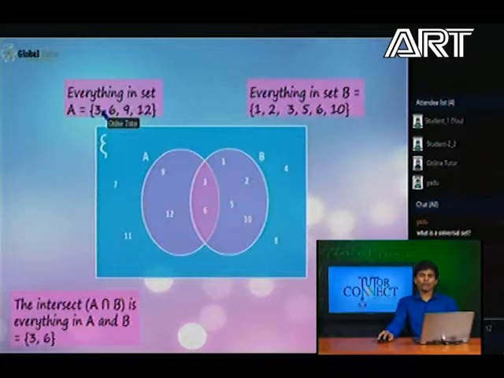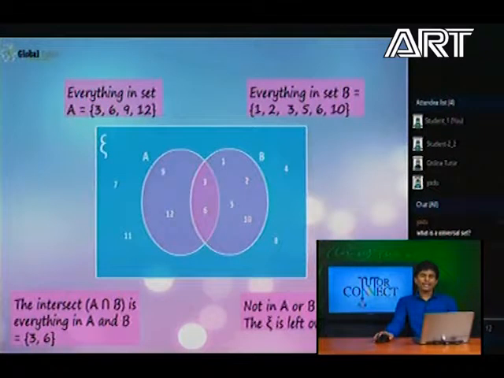The common numbers in set A and set B are 3 and 6. We have to write these numbers in the middle of the circles, A and B. The numbers not in A or B are 4, 7, 8, 11. These elements are left over.